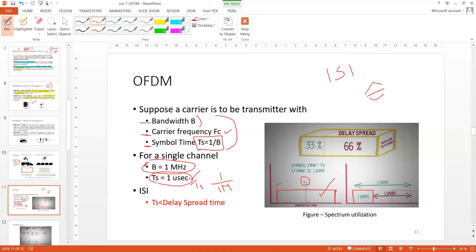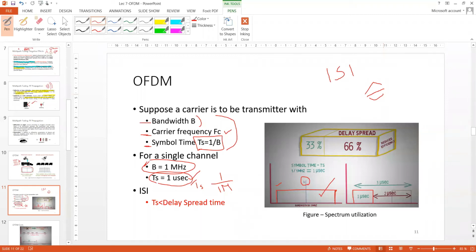Because of this phenomenon, two adjacent symbols can interfere with one another, because one symbol might reach directly between the transmitter and receiver module, and the adjacent symbol might take some different paths. So these two symbols will interfere with one another at the receiving end, and this will result in a phenomenon that is commonly referred to as inter-symbol interference.